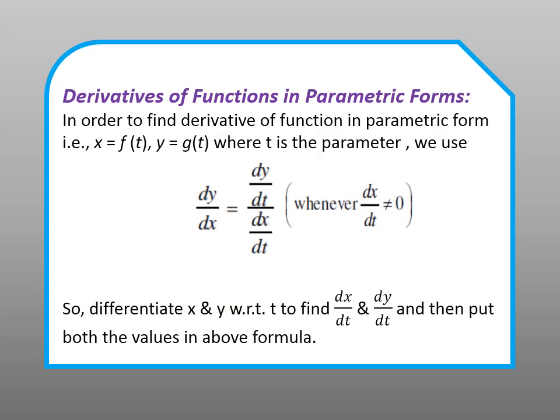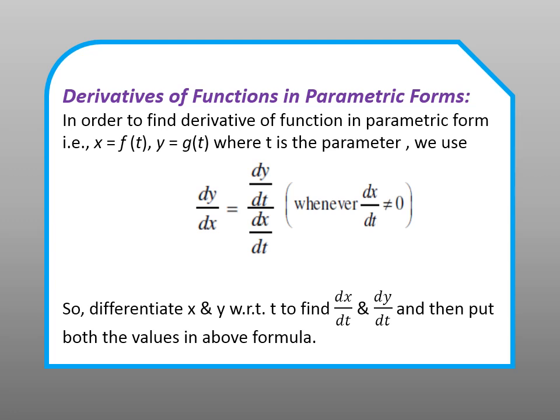Now coming to the derivative of a function in parametric form, that is, if x is a function of t and y is also a function of t, where t is our parameter, as we have learned in the previous slide. Now to find the differentiation, that is dy/dx, we use dy/dx equals (dy/dt) upon (dx/dt).